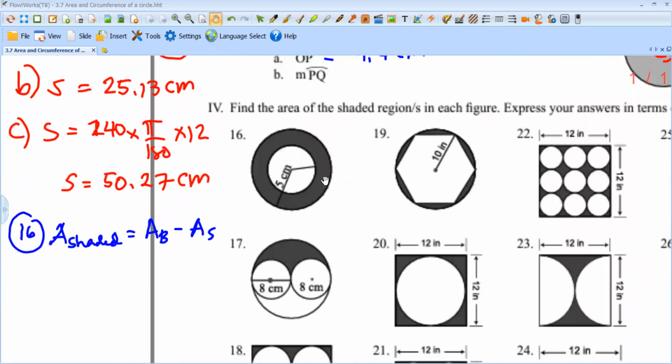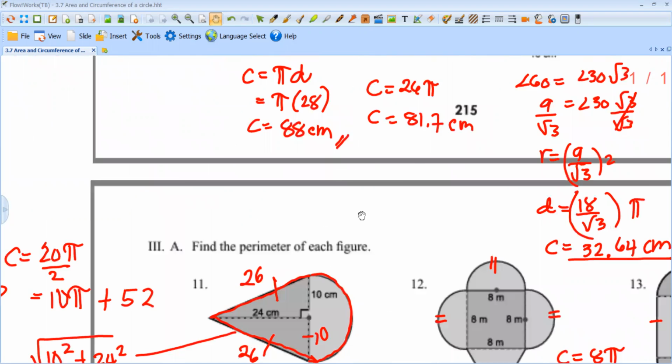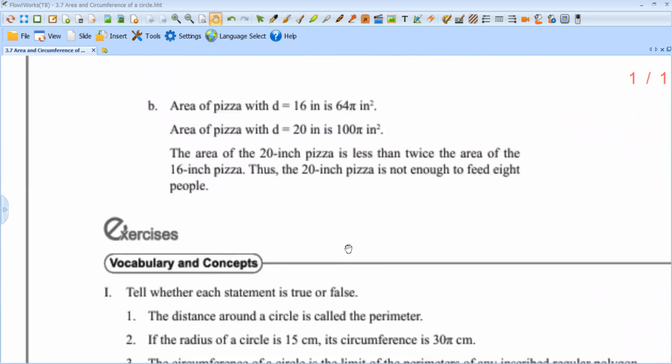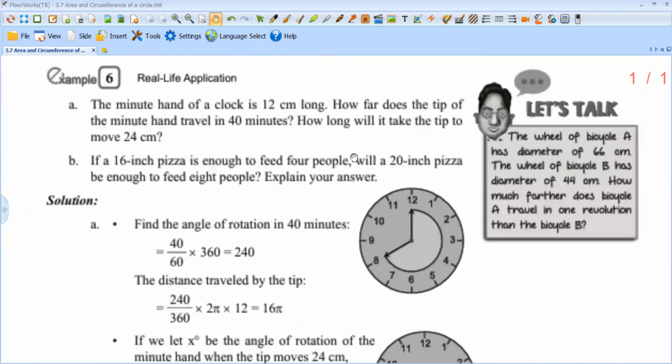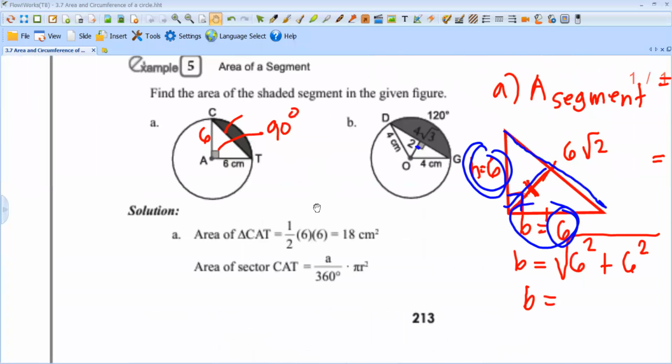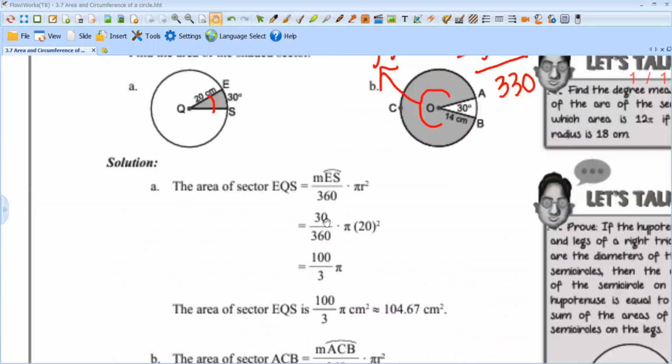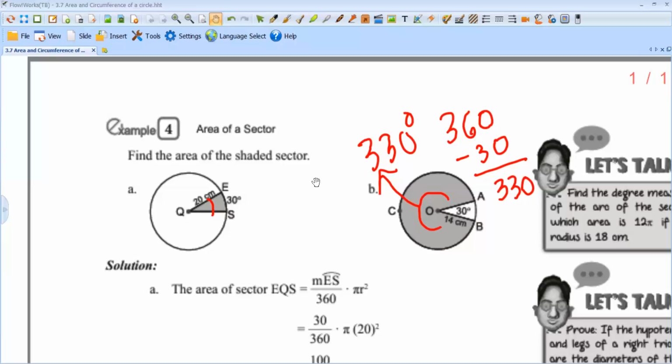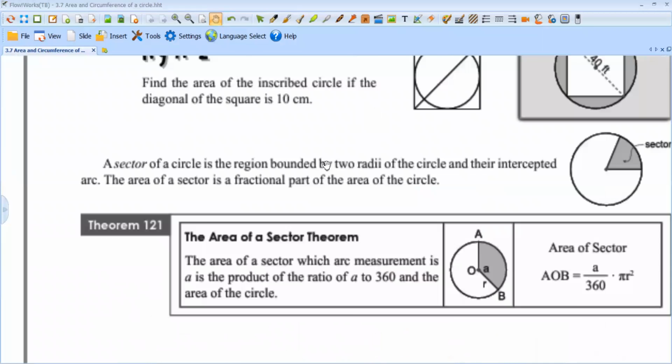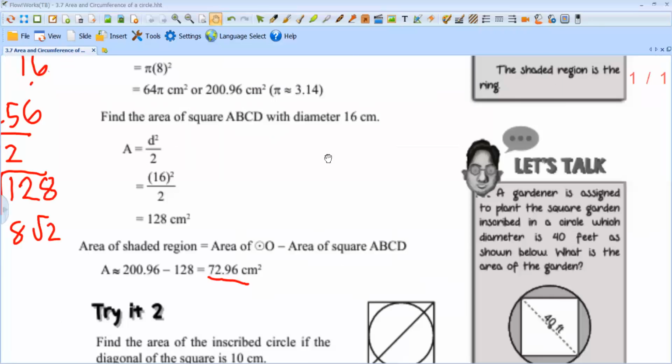So this cannot be, because the one that is given here, as you can see in our example here, let us try. There are two concentric circles here, right? Do you remember about that?